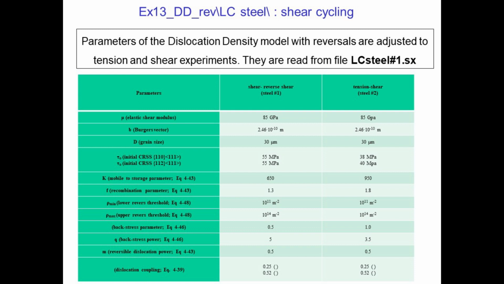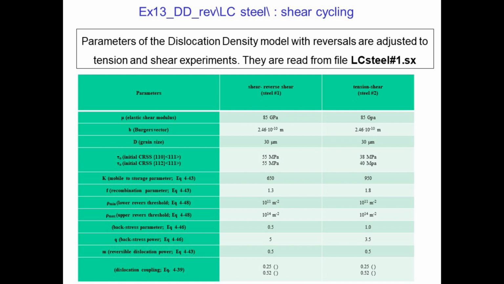The second part of the single crystal file gives the parameters of the model. As you can see, this is for the steel 1, the one that we use for the shear, reverse shear. This is for the steel 2 that we use for the tension followed by shear. There are more parameters than in the case of the Voce law.